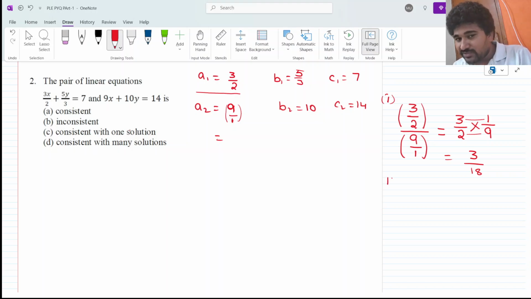What I will do generally, see here, I am having 3 by 2, right? Divided by 9, right? Yes.